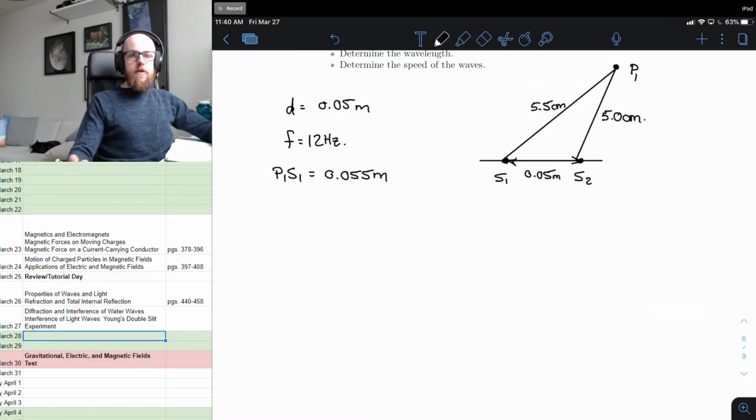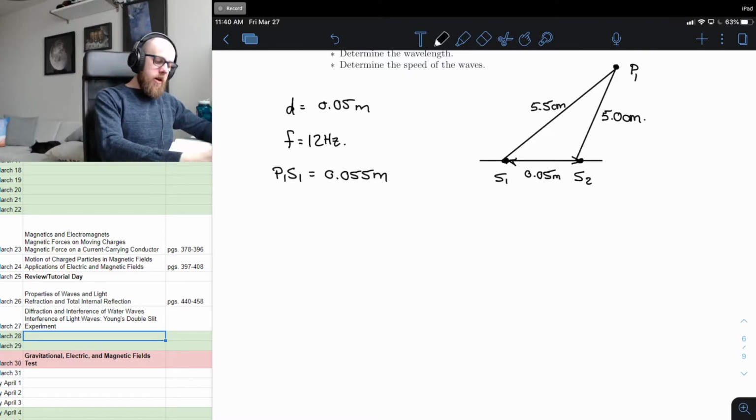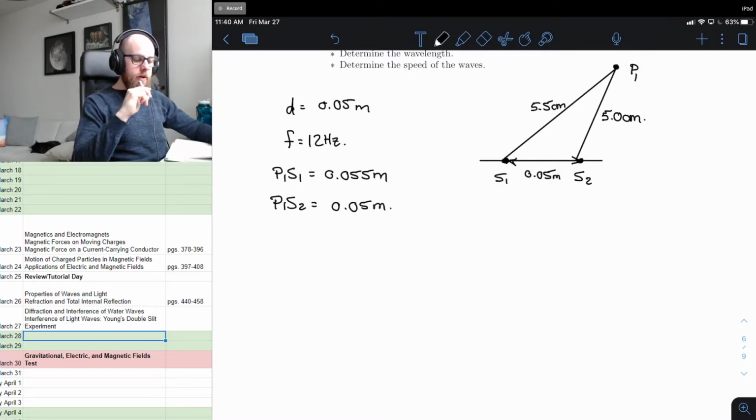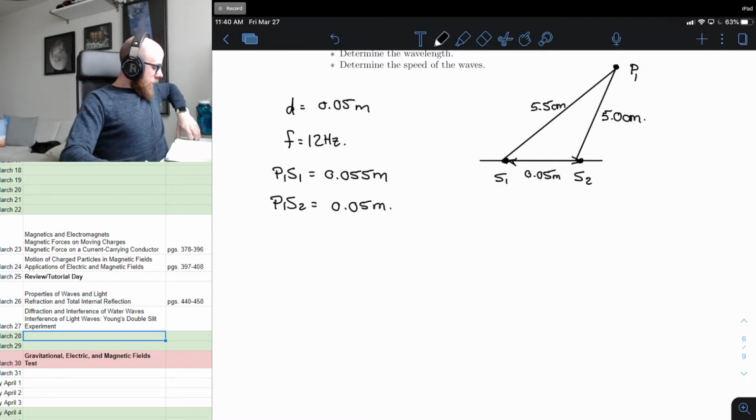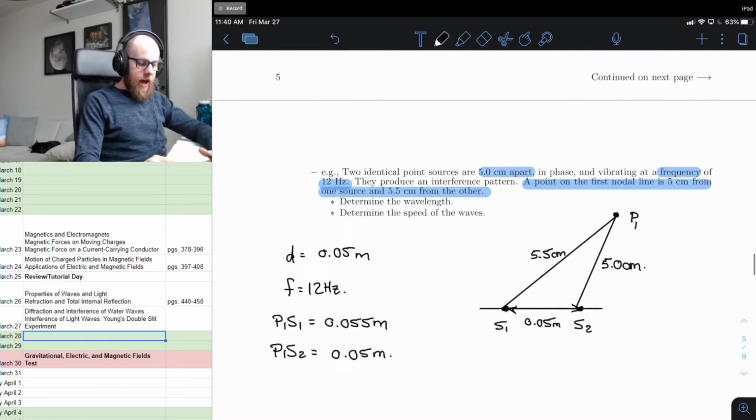P1S1 just represents the distance between the point and the source. And P1S2 is 5 centimeters, so 0.05 meters.